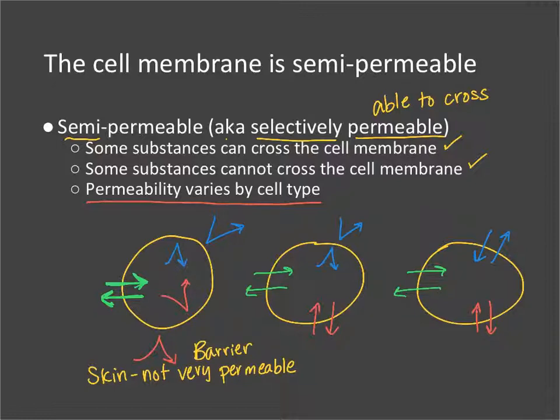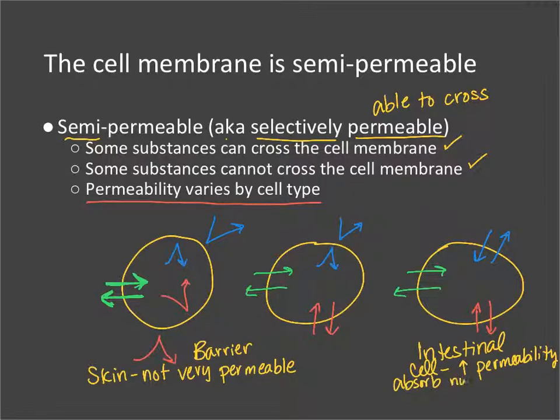But by contrast, you might have an intestinal cell. And intestinal cells have a lot of permeability because this is where you absorb nutrients into your body.